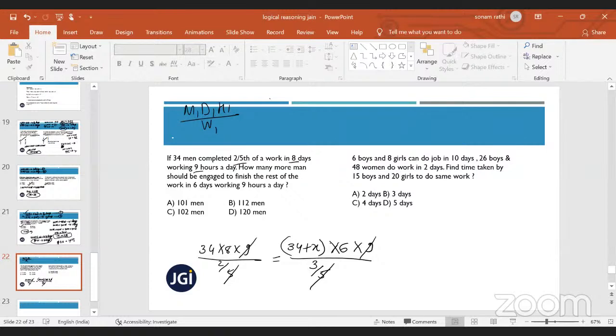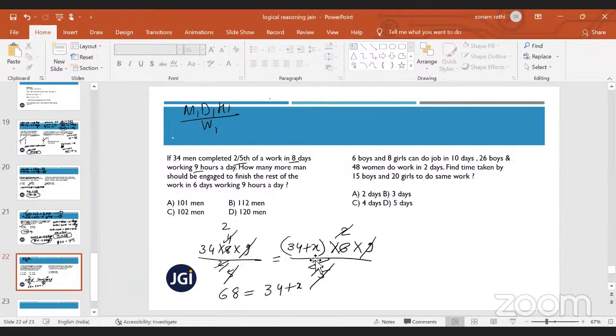Okay, 2 4s are, 3 2s are, 2 2 cancel. 34 into 2. 68 is equals to 34 plus X. X is equals to 34 I'm getting, which is wrong. Why is it wrong?